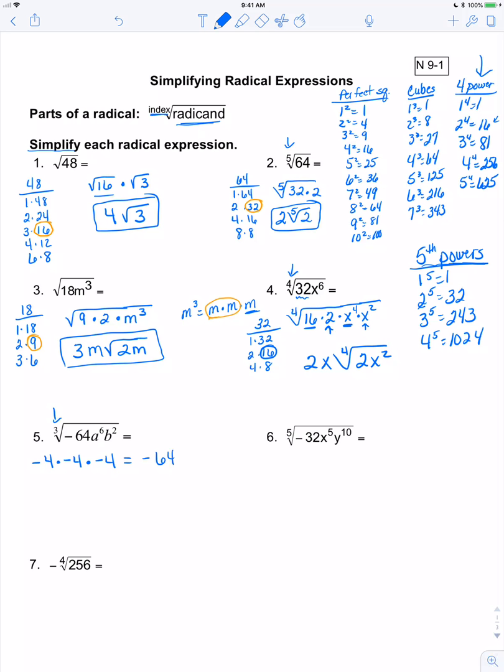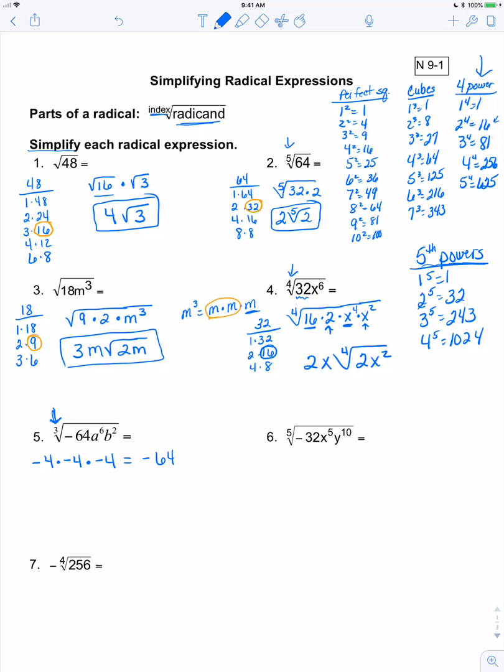All right, so you can maybe draw the conclusion that as long as I have an odd number as my index, I could have a negative underneath that radical sign. Otherwise, if it's an even number, you couldn't have a negative number underneath the radical sign.